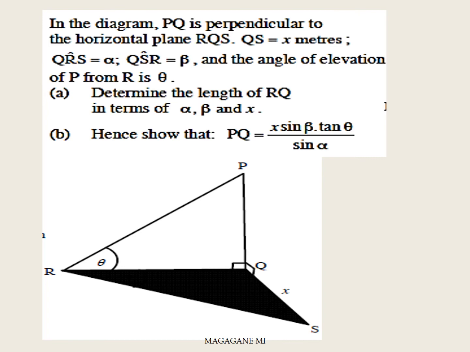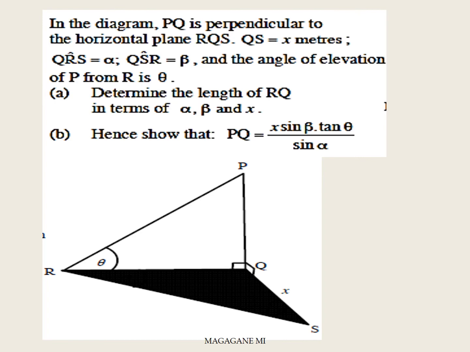We're given in terms of theta, beta, alpha, and x. The first question says, determine the length of RQ in terms of alpha, beta, and x. So we must answer RQ in terms of alpha, beta, and x.